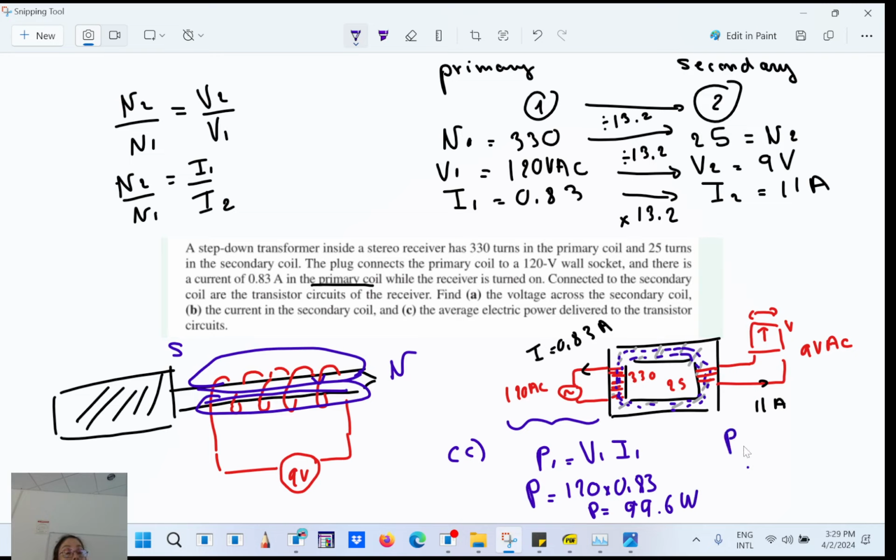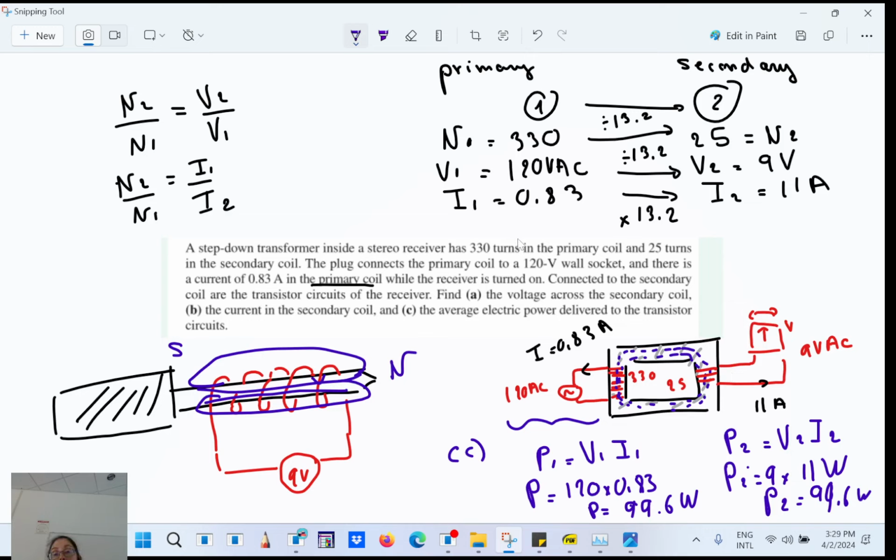On the other side, that will be the power output, how much energy is produced per second on the other side, which is V2I2, which is 9 times 11. It's not really 11, I'm missing some decimals, but you should see it's also going to be about 99.6 watts. So whatever energy is fed in will be equal to the energy output. What comes in has to come out.